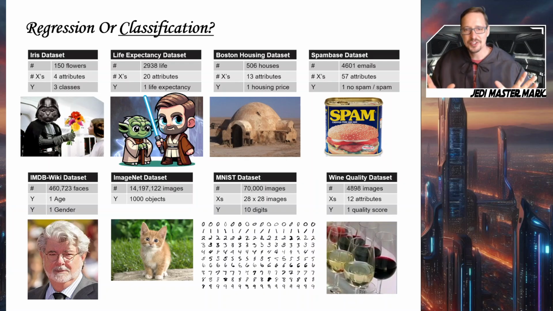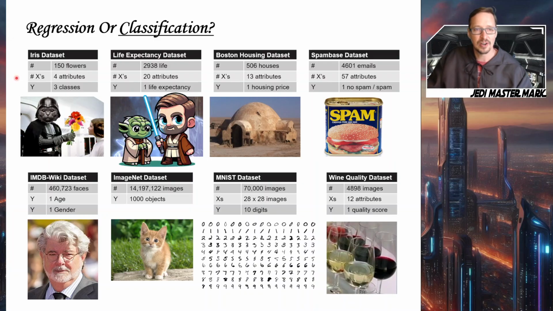So here's just a few common data sets that are out there. These are all open data sets that if you went out and searched on the internet, you could very easily find both information about the data set as well as likely be able to find the entire data sets and download it.